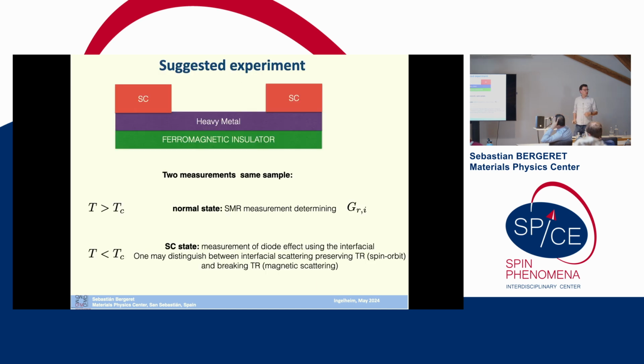So what we propose is to do the same experiment above Tc, extract the interfacial parameters, then go down below Tc and measure again this phi-naught or diode effect, and check if these two parameters, according to theory, should be one and the same.